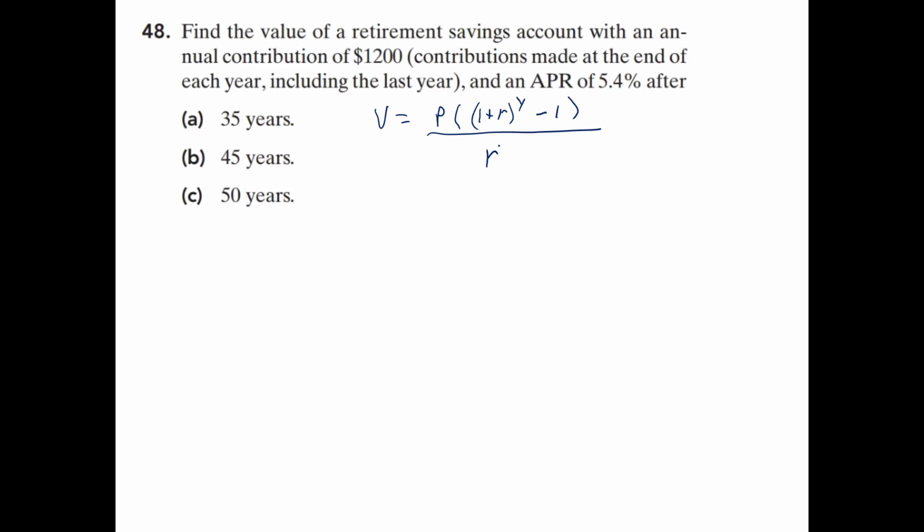Okay, so in all of these problems, the p is $1,200. The r is 0.054. And the v is what we want to know, and what is changing is the number of years, right?